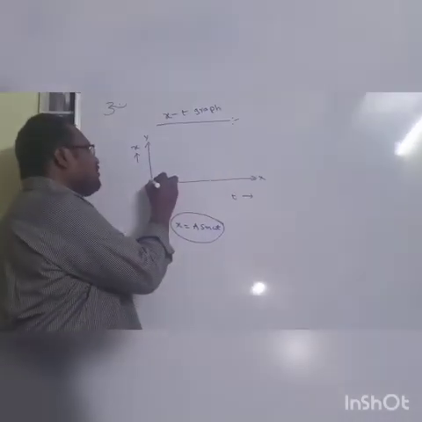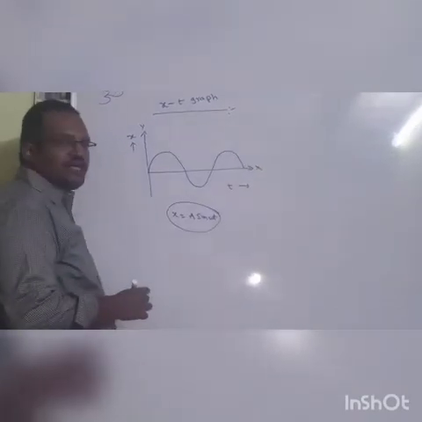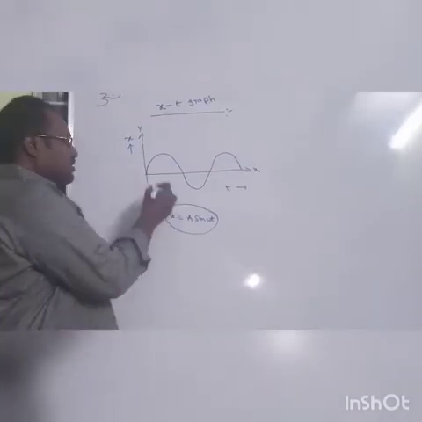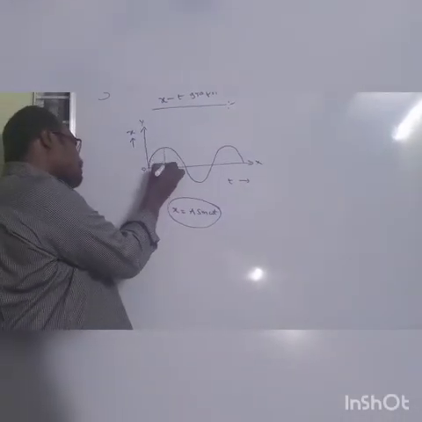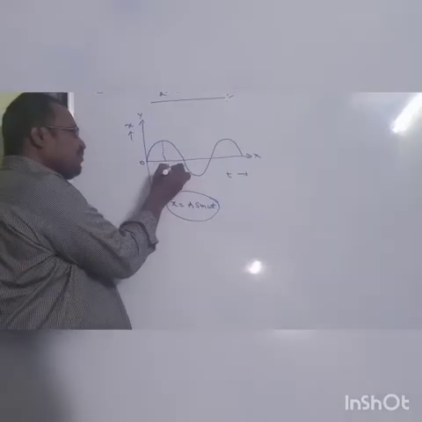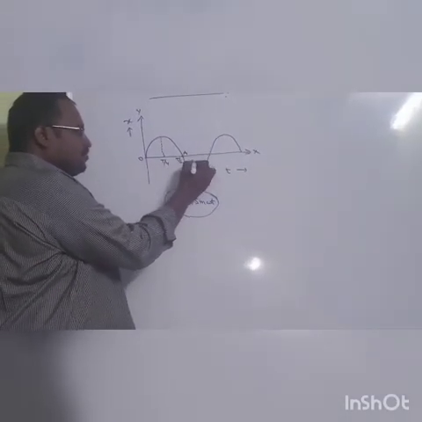So here the particle moves like this. This is the displacement of a particle in simple harmonic motion. This is the origin O, and at this point the time is T by 4, and this point is A, its time is T by 2.